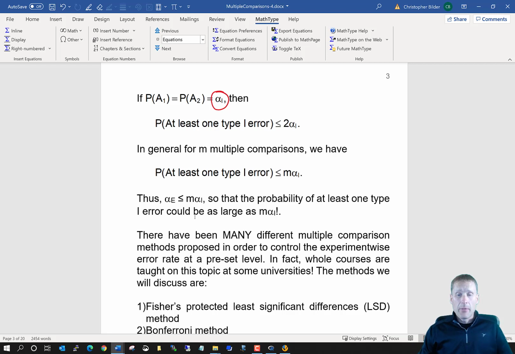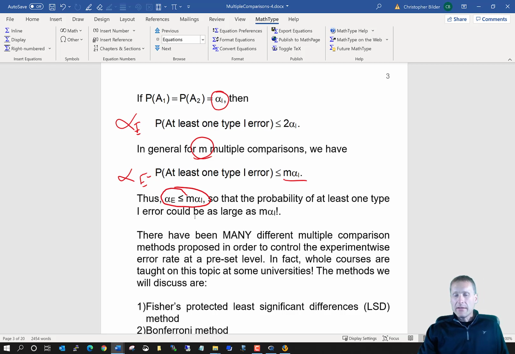Let's say it's alpha sub I. Then alpha sub e, the probability of at least one type 1 error, is less than or equal to 2 times alpha sub I. One could extend this little algebra to, let's say, m possible multiple comparisons, and the probability of at least one type 1 error is less than or equal to m times alpha sub I. In other words, alpha sub e is less than or equal to m times alpha sub I.